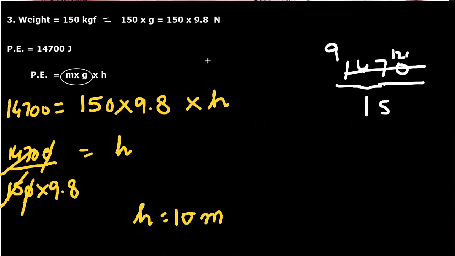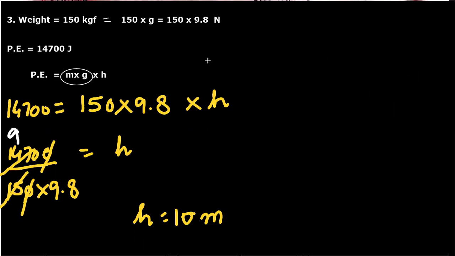So this becomes 120, and 15 eights are 120. So basically, if you cancel these two things together, you'll get 98. And this is 9.8. Remove the decimal such that you can bring a 10 here, and then you can cancel this thing. So your height comes out to be 10 meter. That is your answer.